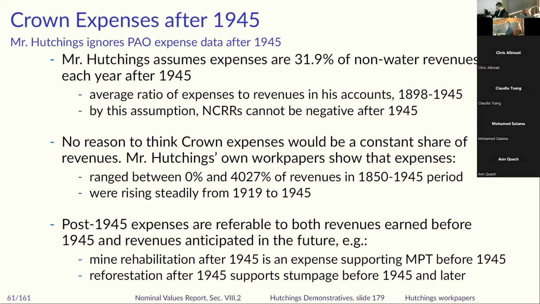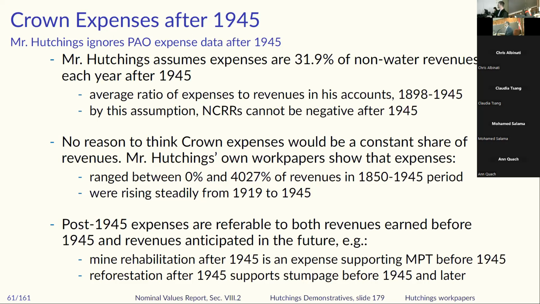So Mr. Hutchings doesn't claim it stays constant. The question is whether those data offer a firm basis for assuming that it would remain roughly constant in subsequent years, that it would be centered around 31.9%, as it had been centered around that percentage in the previous 48 years.